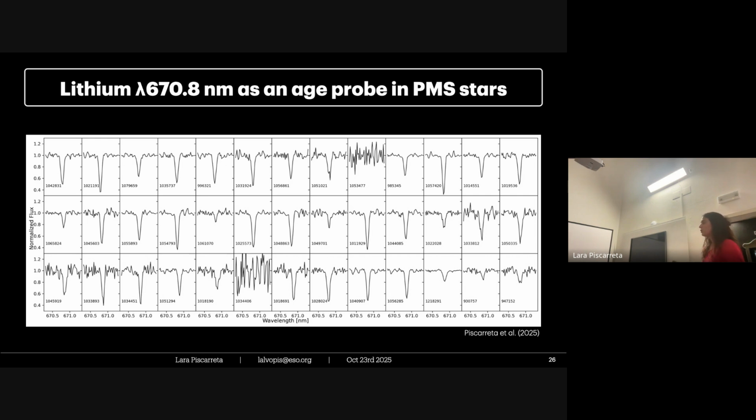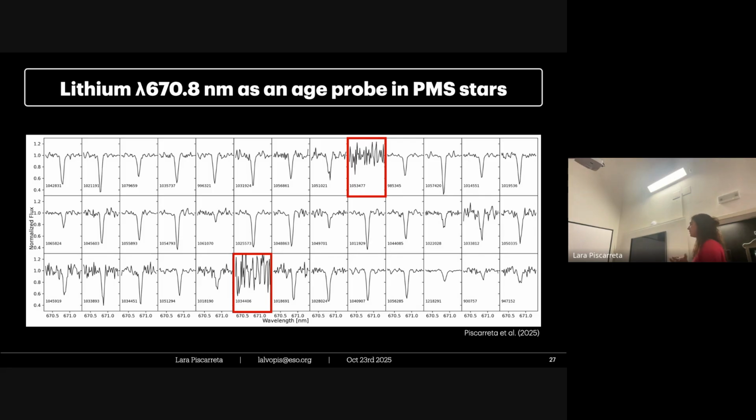We would expect young sources to have an abundance of lithium in their photospheres. What we see is that we detect lithium in all of our sources except for 2. This one in particular is interesting because we don't see any photospheric features, so it is completely dominated by accretion. It seems that it is one of the highest accretors in our sample.